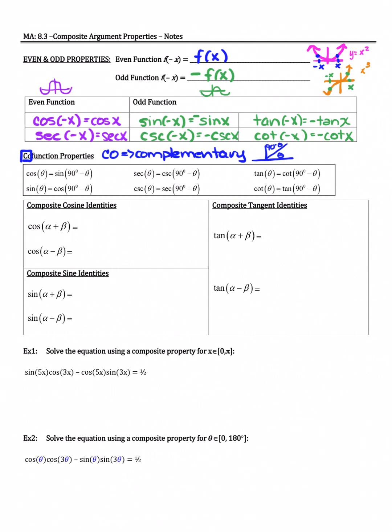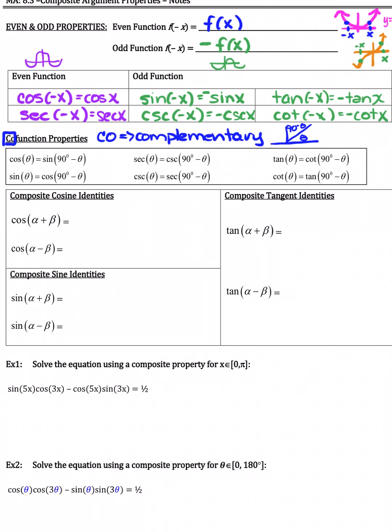All right, so your composite properties, these are expanding cosine A plus B, and I'll do my best. You're going to be allowed a note card, but I'll do my best to help if you didn't want to have these memorized. Co is also like co-ed, together. So with cosine, the trig stays together.